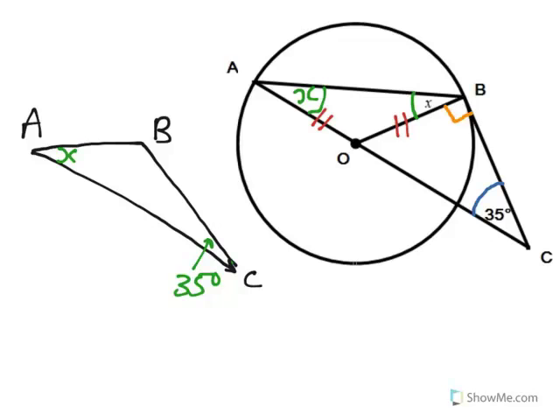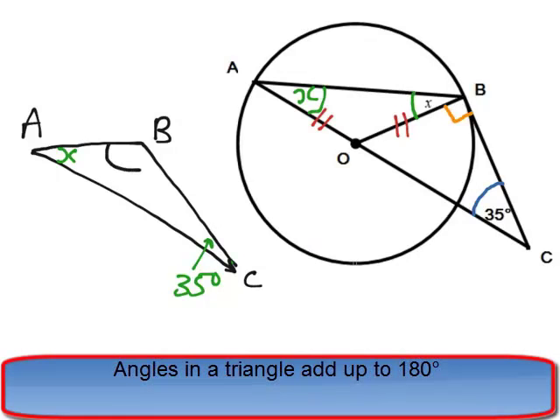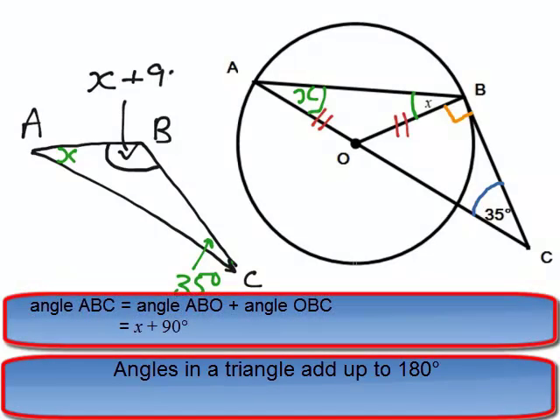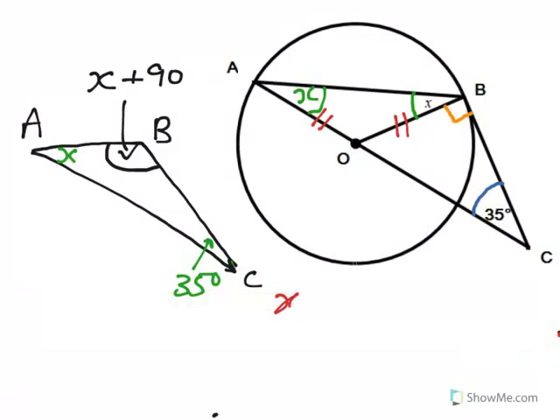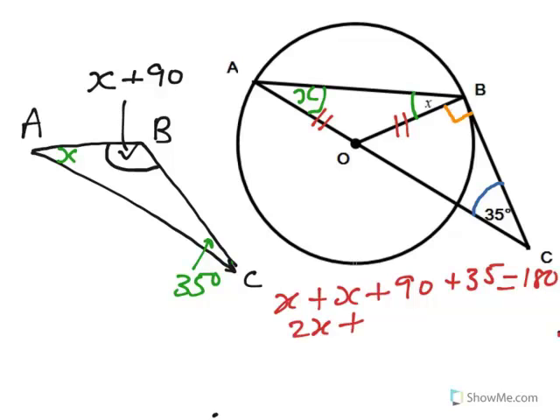They add up to 180 degrees. So what's this angle ABC? Well, that's x plus 90. And if the angles in a triangle add up to 180, we can say that x plus 90 plus 35 equals 180. So 2x plus 125 equals 180. Subtract 125 from both sides, we get 55. Divide by 2, we get 27.5 degrees.